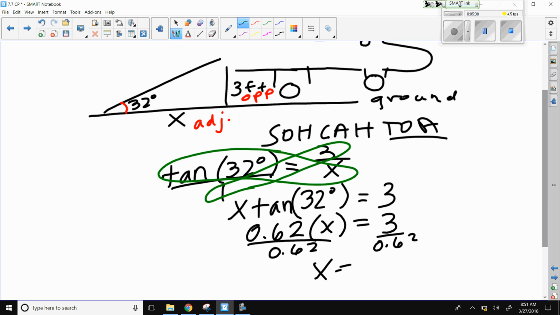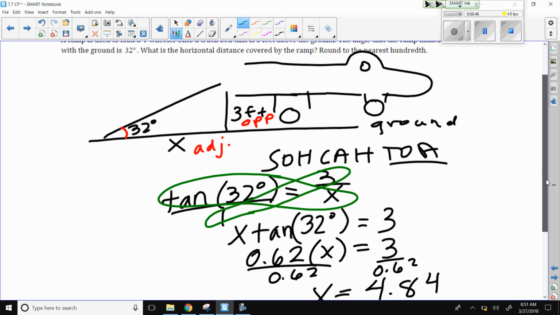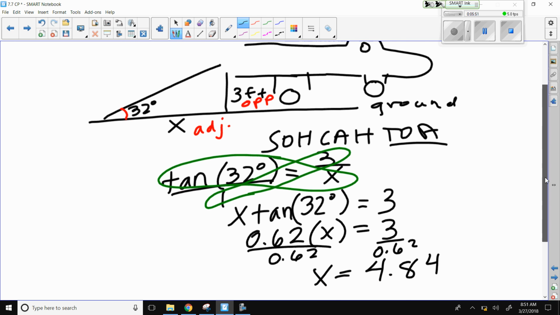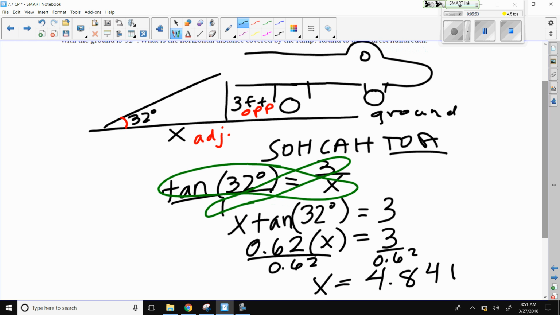And then end up with x equals 4.84. Okay, this says round to the nearest hundredth, so this is what I've got, 4.84 feet. Put those units on there.